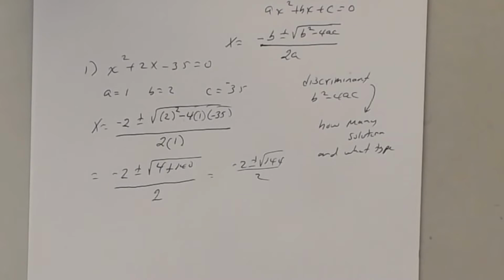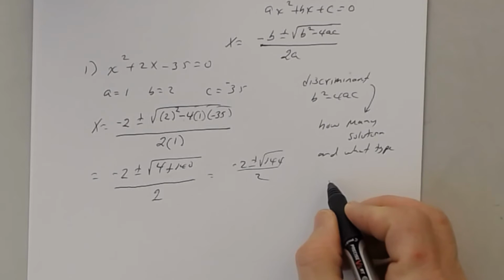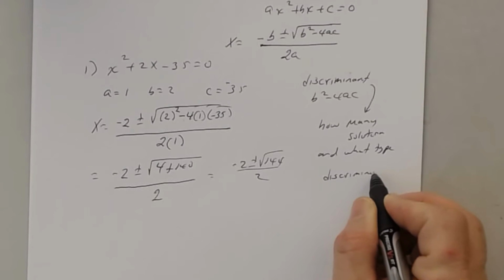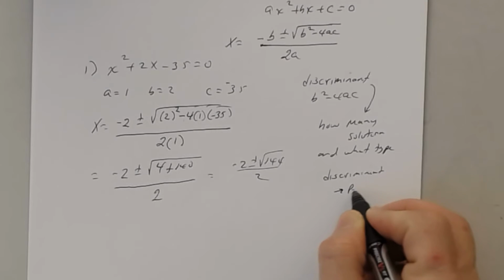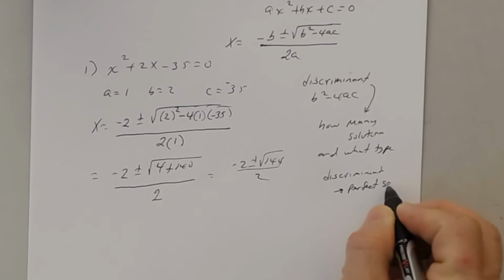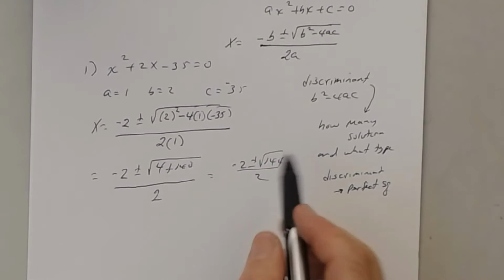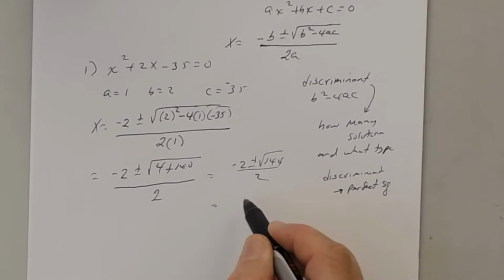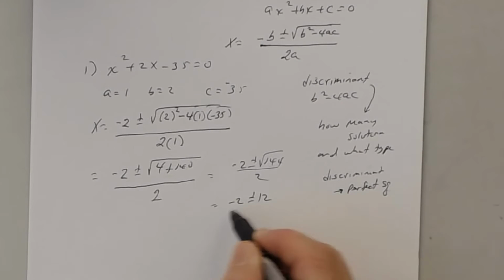It's a perfect square. If your discriminant is a perfect square, I want you to notice what's going to happen. What's the square root of 144? 12. So I get negative 2 plus or minus 12 divided by 2.